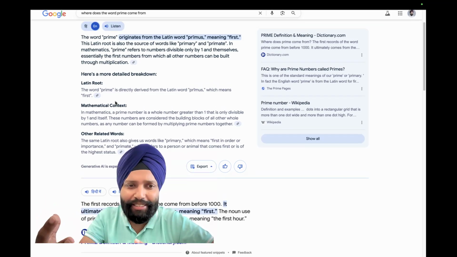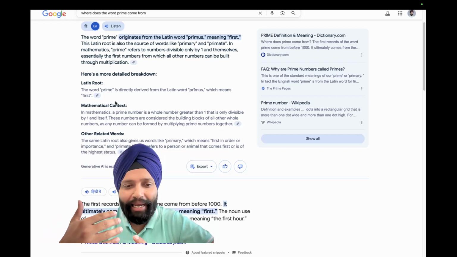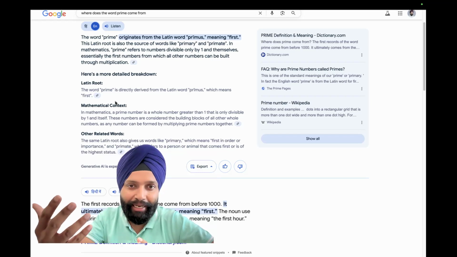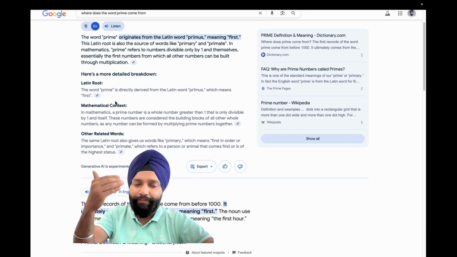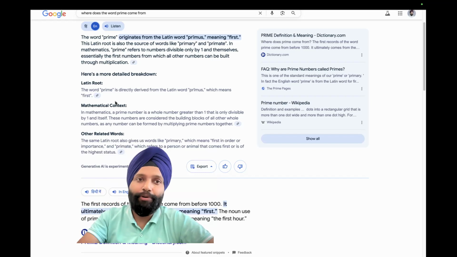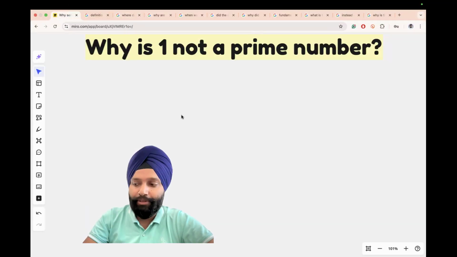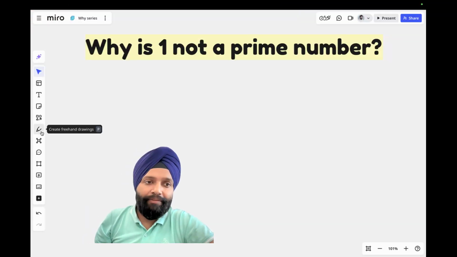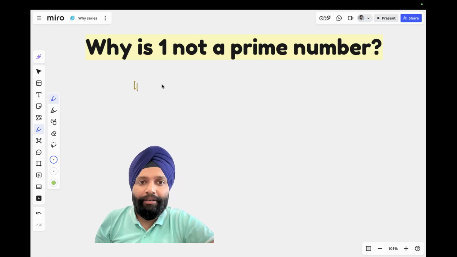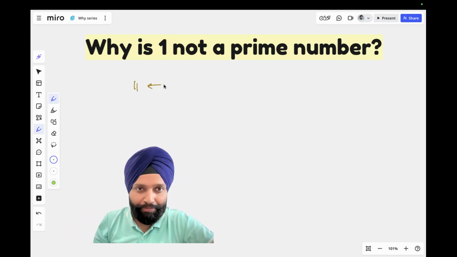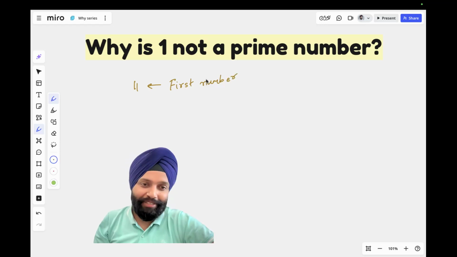Why is it first? Because if you look at any prime number, it cannot be derived from some other numbers. Okay, so let me give you an example. If you have 11, you cannot arrive at 11 by multiplying some two smaller numbers, right? So it is a first number, or the prime number, we say.